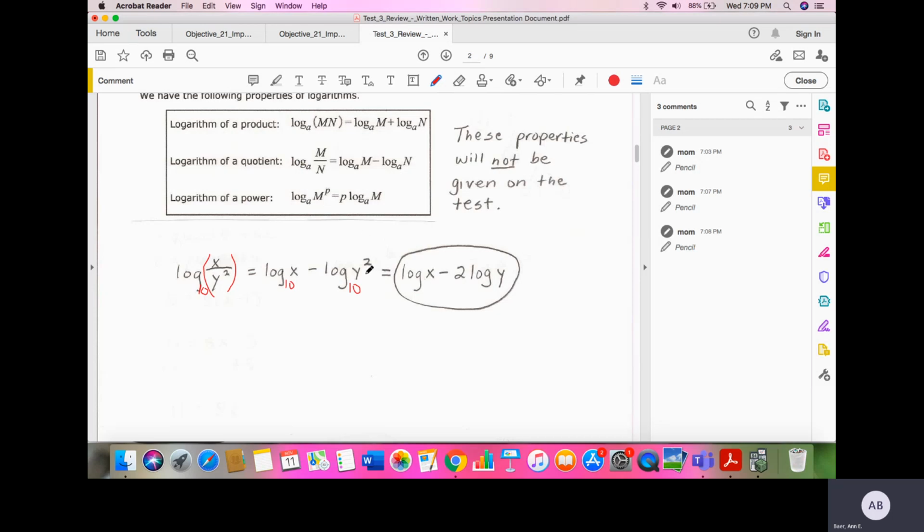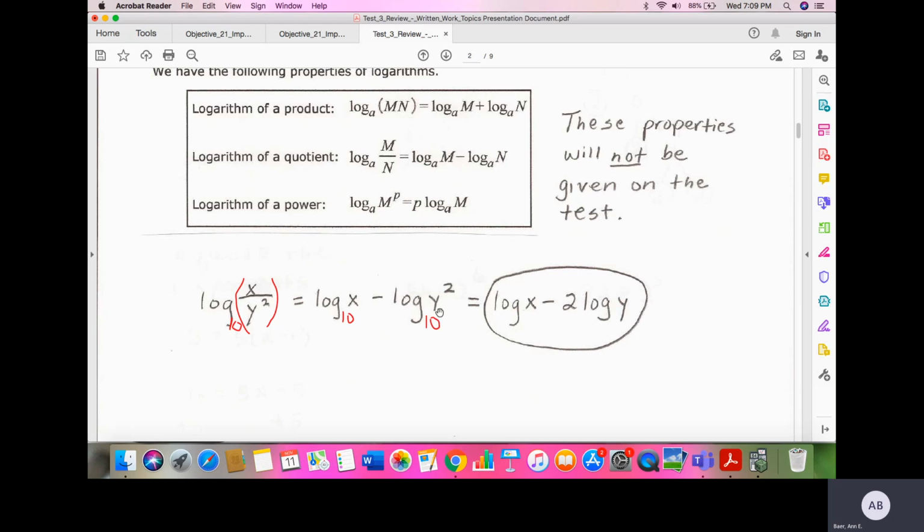So what we want to notice is in this particular term here, we have in the argument y squared. We have a base to a power. We have a logarithm of a power rule that tells us what to do if our entire argument can be written as a base to a power, which ours can.